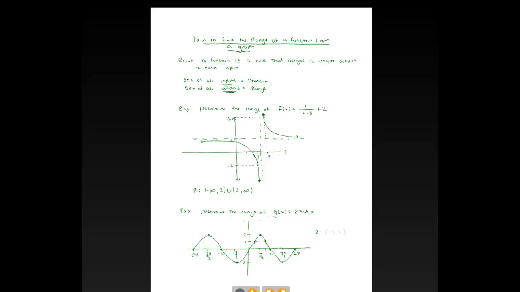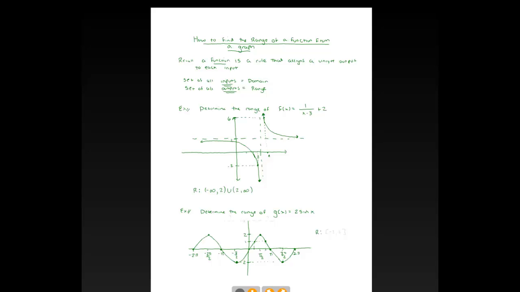Let's think of another number that's in the range. How about -2? -2 is in the range because if I go to the right here, I see that -2 is an output for the input 3 pi over 2. It's also an output for the input negative pi over 2. Okay, but the point is it is an output.